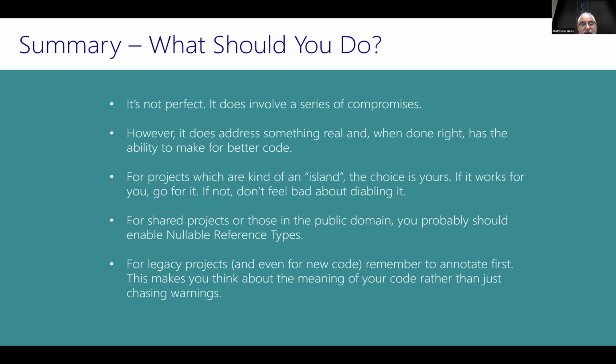For shared projects or those in the public domain, like you work on a team that has a library that's used by other people in your company, or you publish a NuGet package, something that is used by others, you don't really have a choice. At that point, you just have to drink the Kool-Aid and enable nullable reference types, because the people consuming your code are going to assume that you have annotated your library. When this first came out, one of the most frustrating things was it was very uneven.